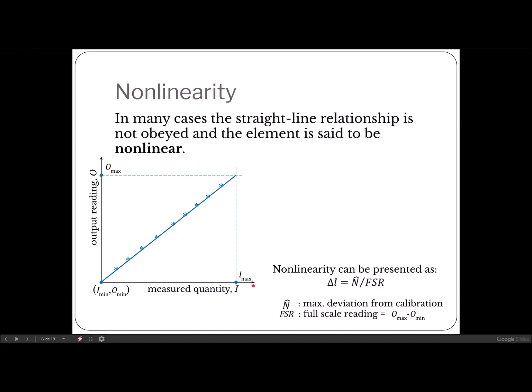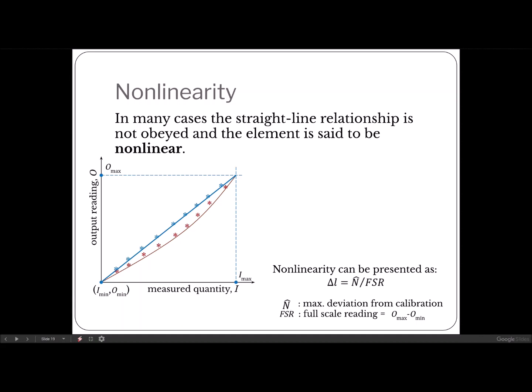But in many cases, we don't have this ideal condition. Instead, the relationship between input and output is like this, for instance. There is a non-linear relationship between input and output, so it cannot be represented as a linear function.